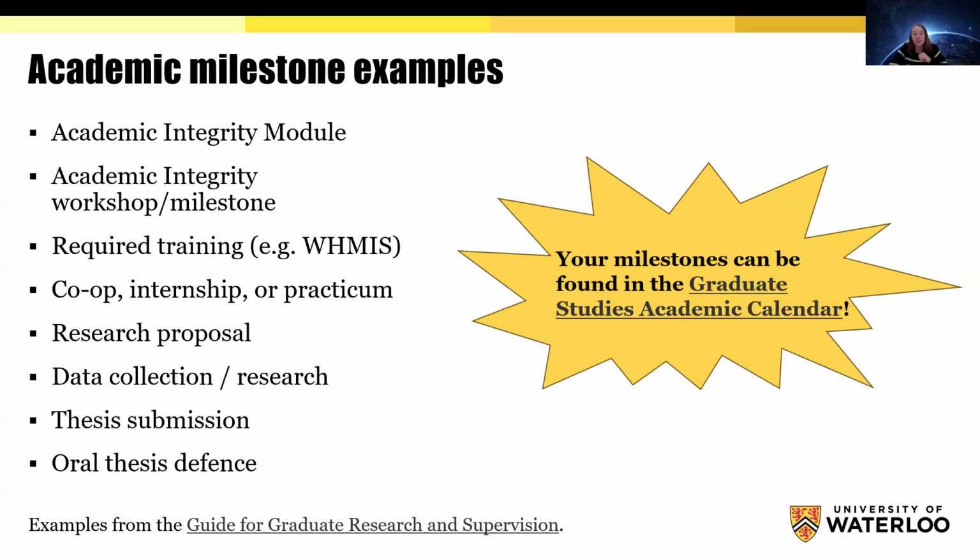All three of those streams had different academic milestones and different timelines involved with them. So it's important that you know in particular what is required for you in your specific program. Sometimes even milestones change from year to year if the program is reevaluated or something like that.